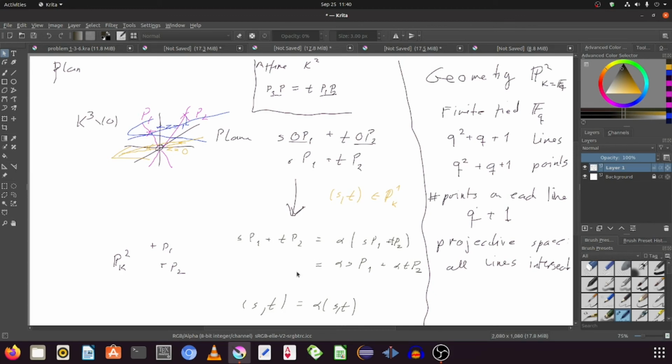So how does one make that totally clear? The 2 points are non-proportional. They couldn't in any way be written as one times the other.